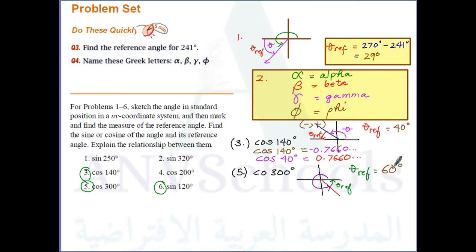So what is my cosine of 300 degrees? Cosine of 300 degrees is equal to 1/2 or 0.5.